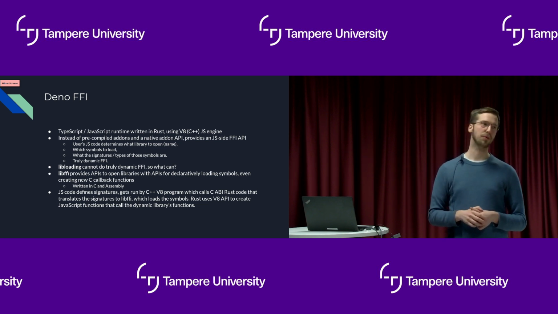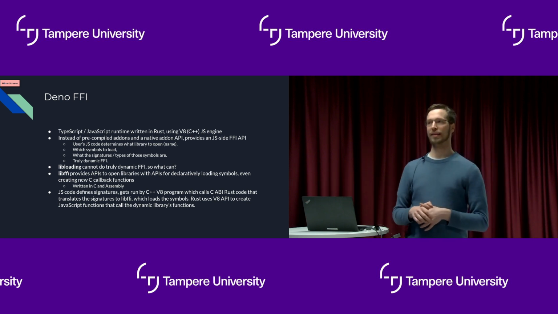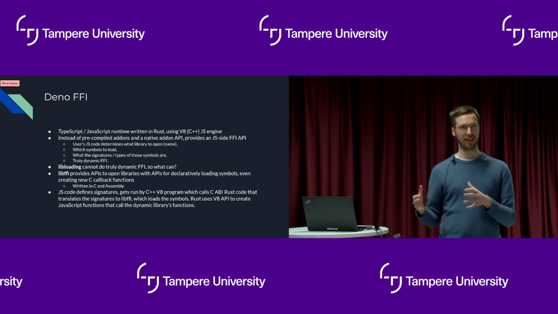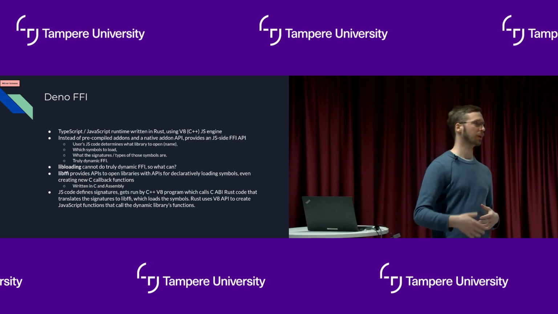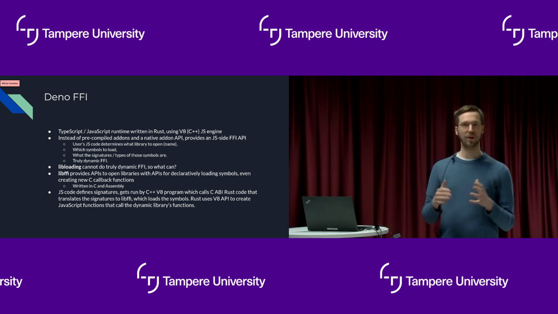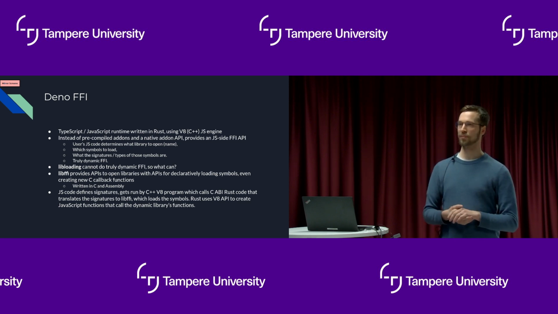And Deno has its own FFI. Instead of having a pre-compiled add-on surface inside the executable that you then load libraries that would use those APIs, it provides a JavaScript-based FFI API.